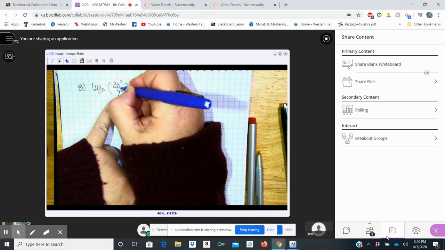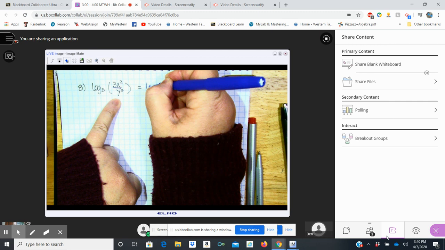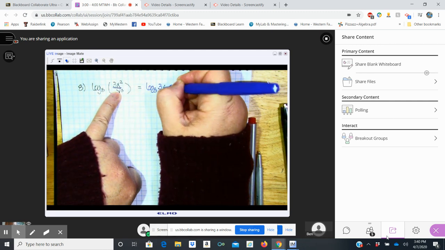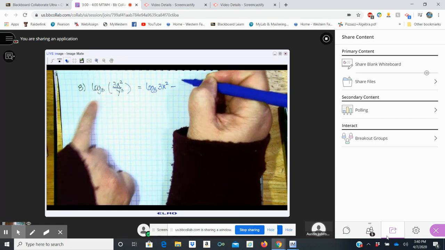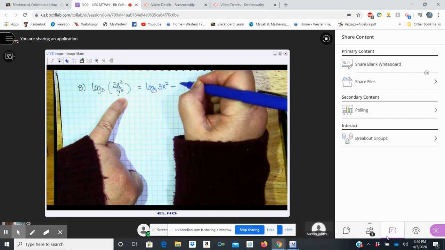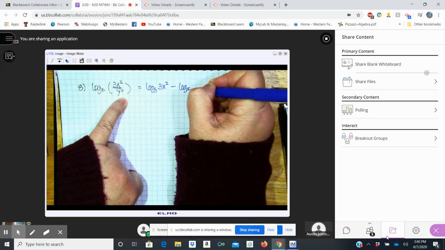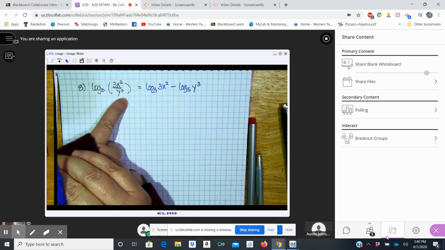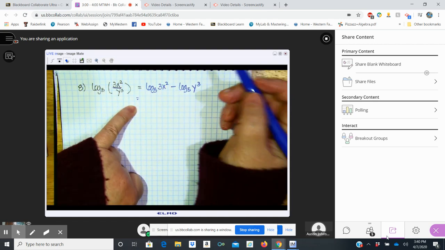I would start with the division. Yep. I would start with log base 5 of the numerator minus log base 5 of the denominator. That would be my first step.